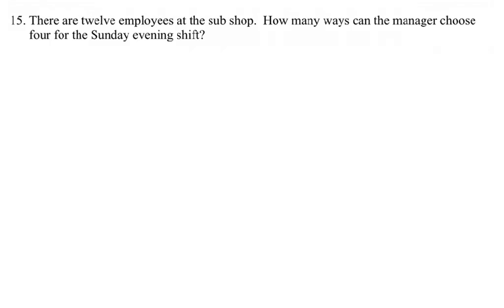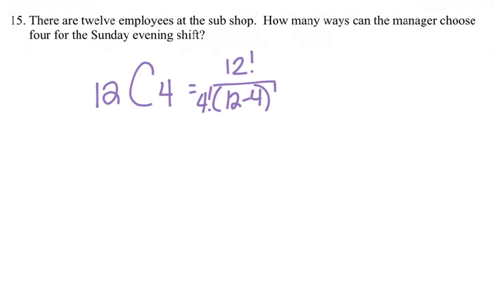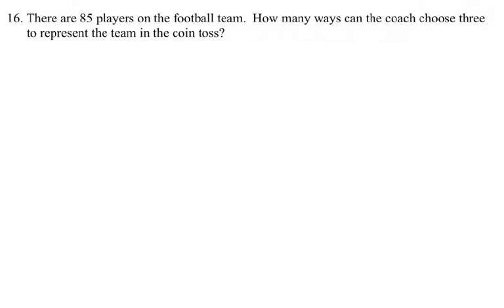How many ways can the manager choose 4 for Sunday evening? There are 12 altogether. He's only going to choose 4. So 12 factorial over 4 factorial times (12 minus 4) factorial. So 495.